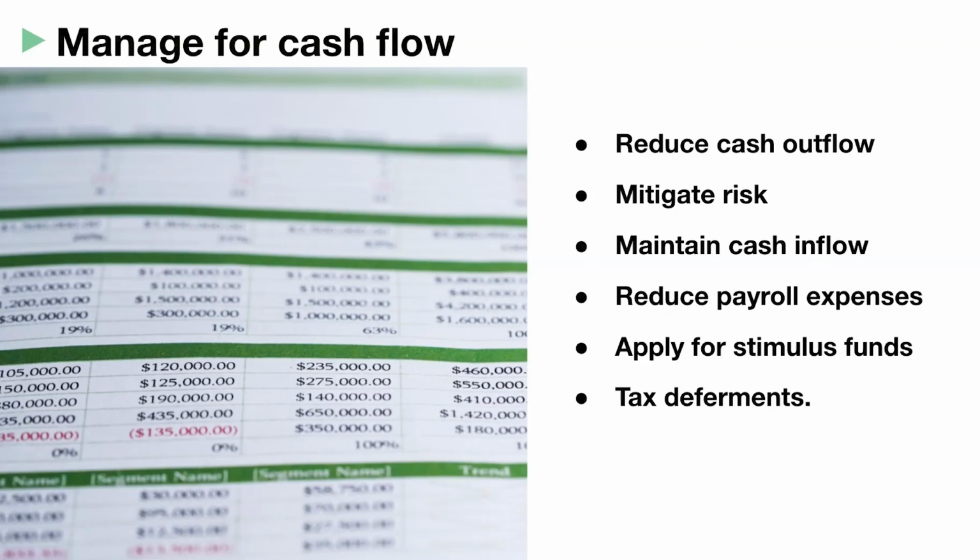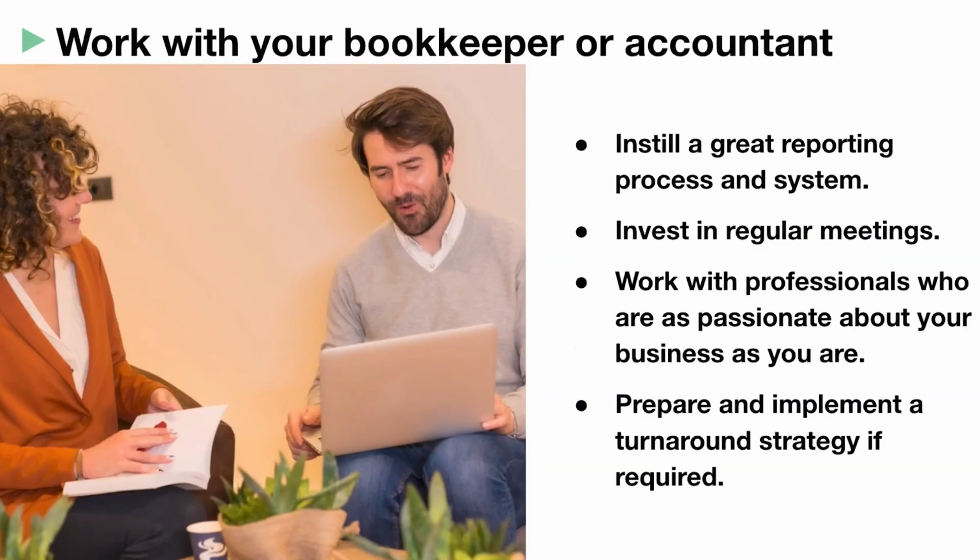Tax bills can add to your cash outflows in suboptimal ways. Consider working with your accountant to defer taxes where it makes sense for your business. I encourage you to sit down with your accountant or bookkeeper, not just at tax time, but regularly.